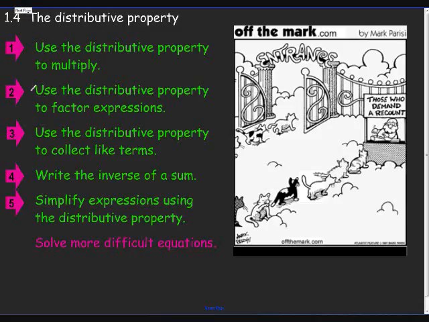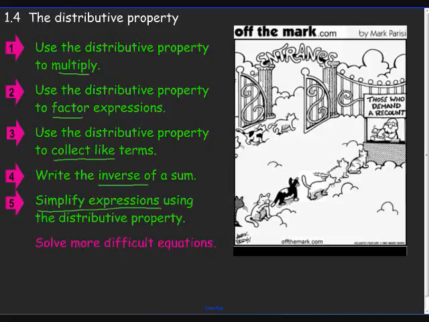We're going to end with this section, the distributive property. We use it to multiply, and we actually use it sort of in reverse to factor. Collect like terms by applying the distributive property and then simplifying. Writing the inverse of a sum, simplifying expressions.